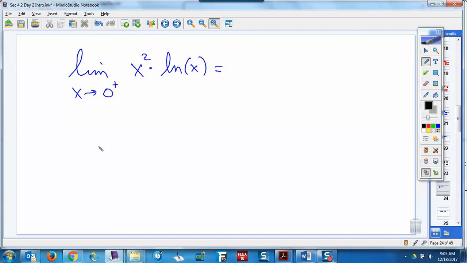As x approaches 0 from the right. Now, why aren't we approaching 0 from the left? With ln, you can't put in a negative, right? So there's not a car on both sides. If you see one of these, it probably means there's a reason why I'm doing that. The only time we're going to have to worry about left and right is when it does not exist, and we have to check the cars on both sides, okay?